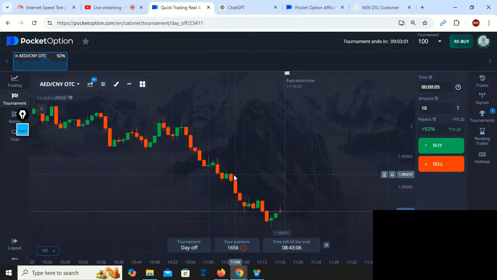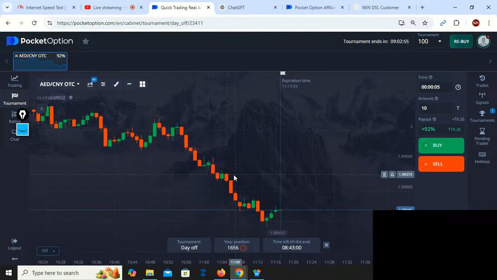So, that being said, I have to mention a risk disclaimer. Personally, I do not use that kind of a strategy to trade my real money accounts. 5 second expiry is extremely volatile, very dangerous. If you don't know what you are doing, you could end up liquidating yourself very fast.